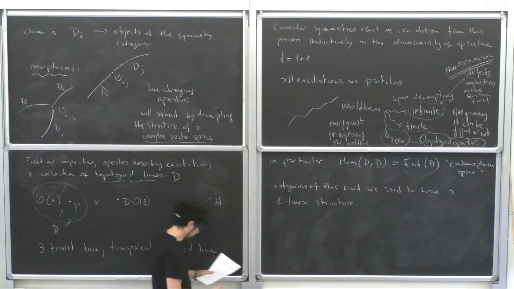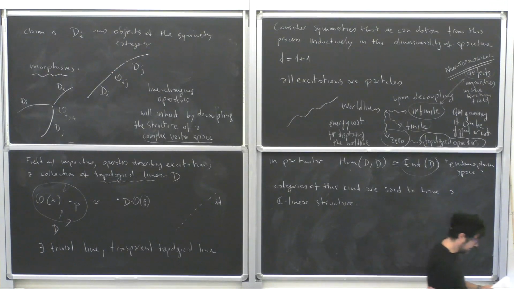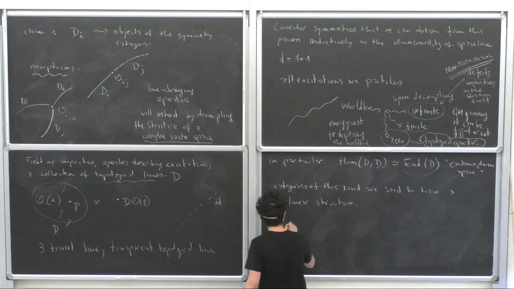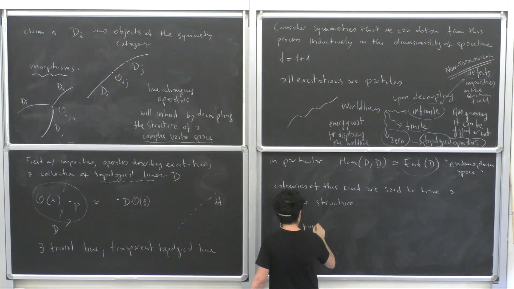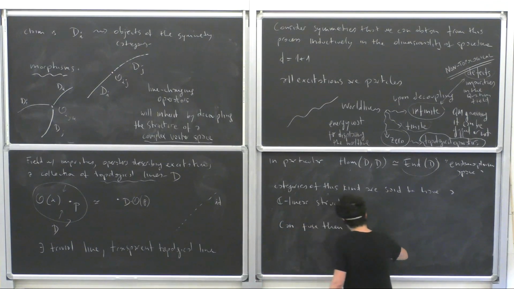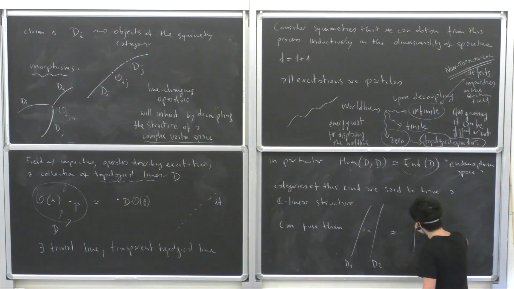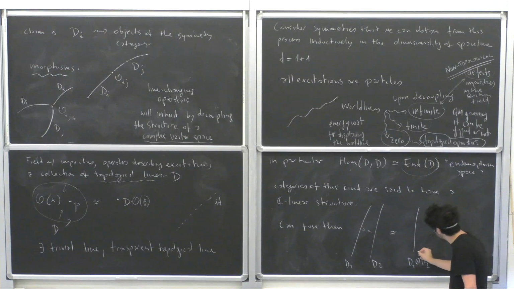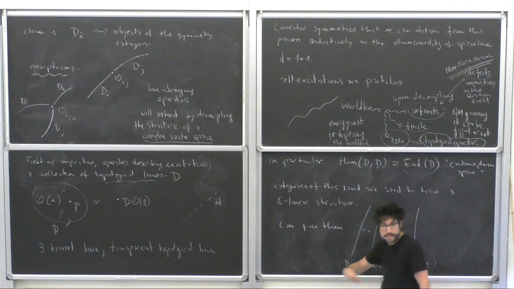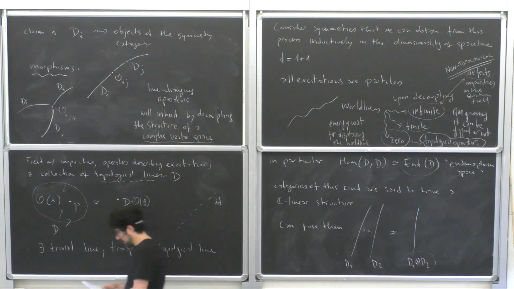On top of that, we mentioned the fact that we can also fuse them, since they depend only topologically on their support. The idea is that you have lines that are parallel to one another, and you just bring them together. And since this is a superposition of quantum mechanics, we know that the outcome will be given by the tensor product of the corresponding quantum mechanics.